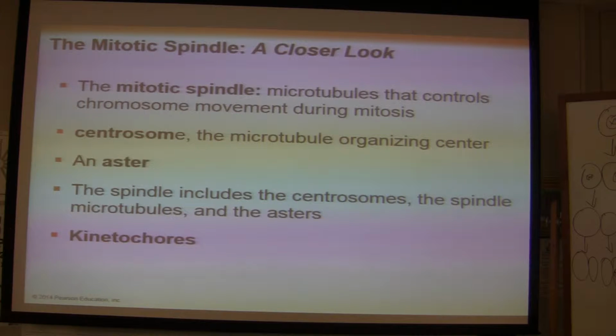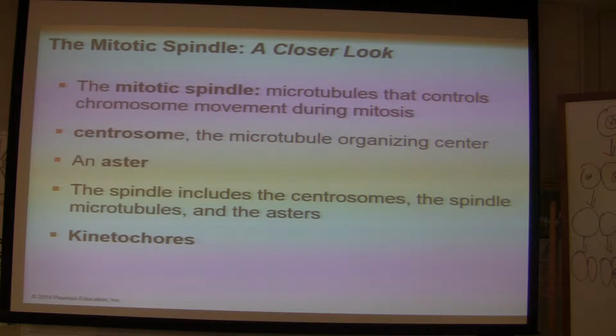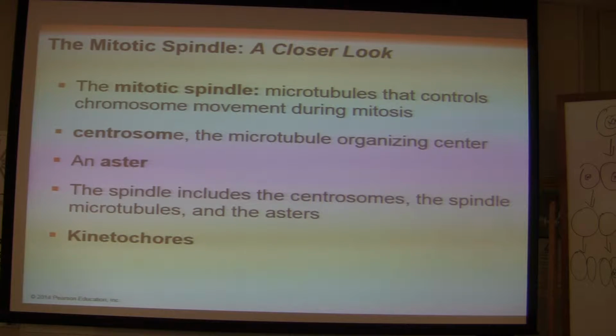Okay. The mitotic spindles, a closer look. The mitotic spindle is made of microtubules that control chromosome movement during mitosis. Centrosomes are the microtubule organizing center, and an aster is a set of microtubules, which I'll show you a picture of in a minute, that allows the chromosomes to separate.